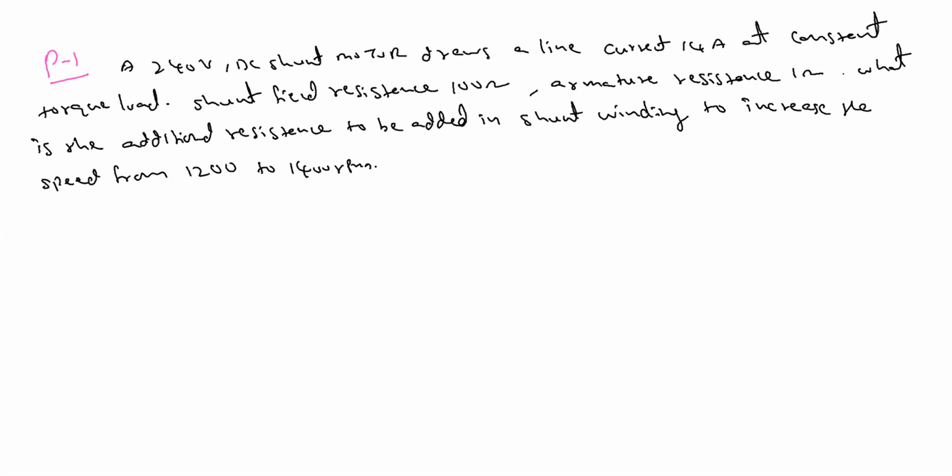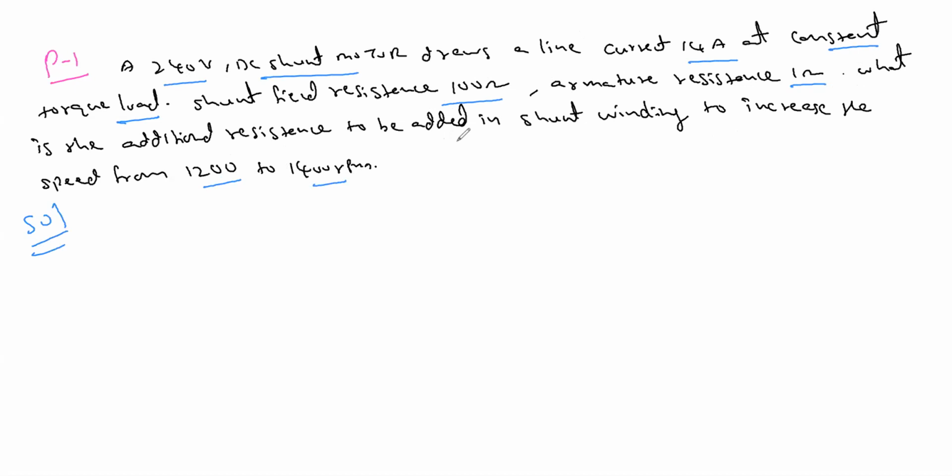So what is the problem here? Shunt motor है, supply 240, line current 40, constant torque load. Shunt field resistance, armature resistance given. Additional resistance to be added to increase the speed from 1200 to 1400.